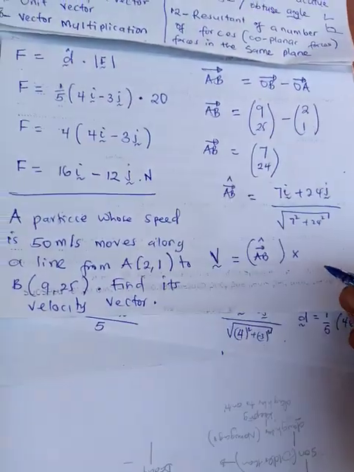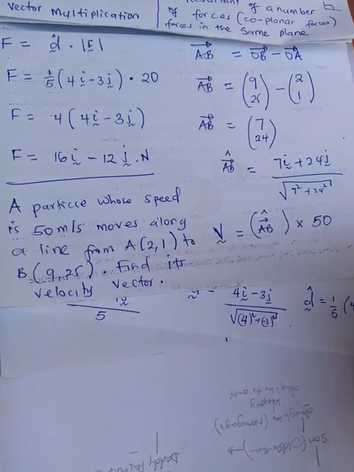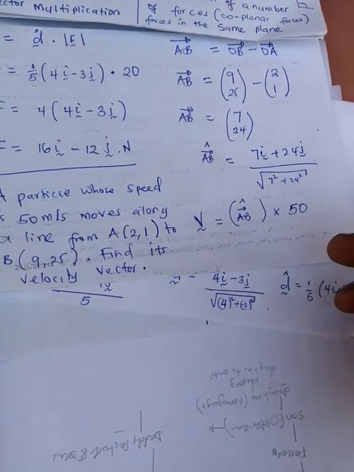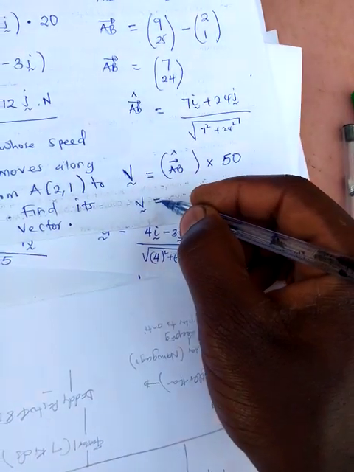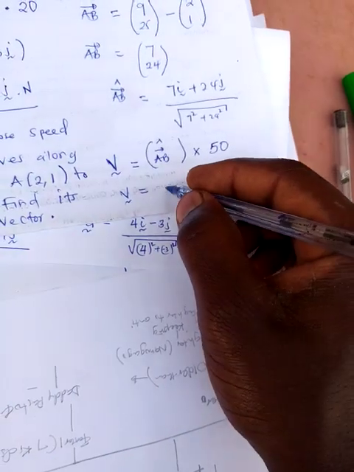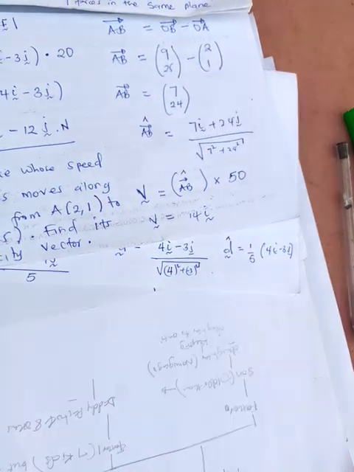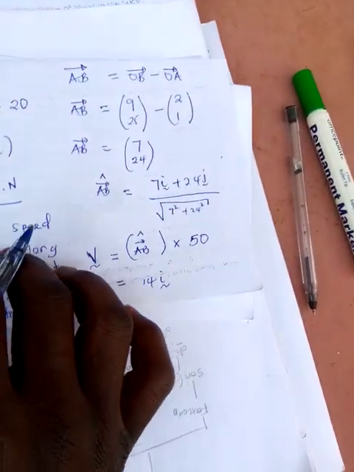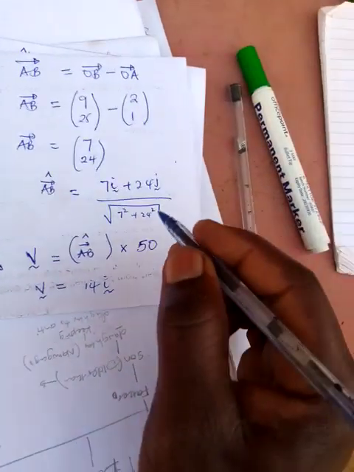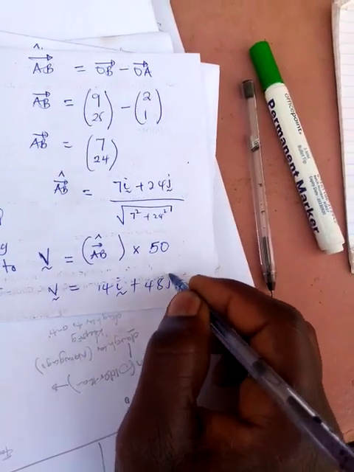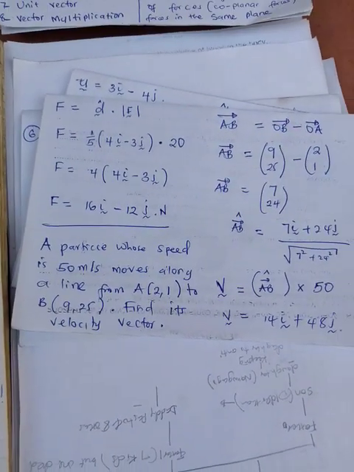So 50 times it, and you'll get V. V can be 14 in I, and plus 48 in J. That is how you go about such a question.